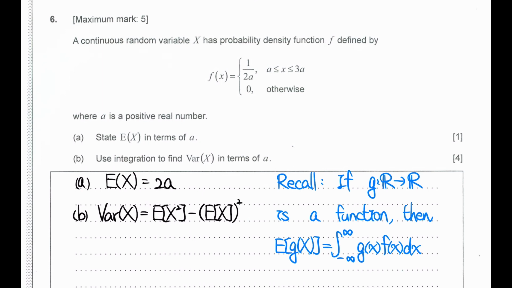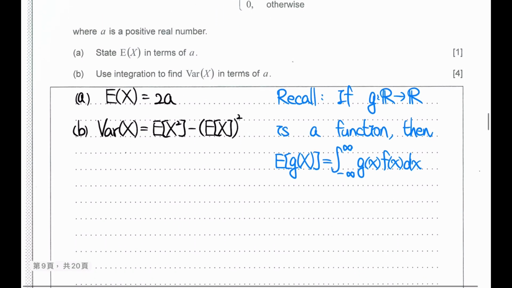So now let's focus on the first part, which is the expectation of x squared. In order to find the expectation of x squared, let's recall a property about the expectation.